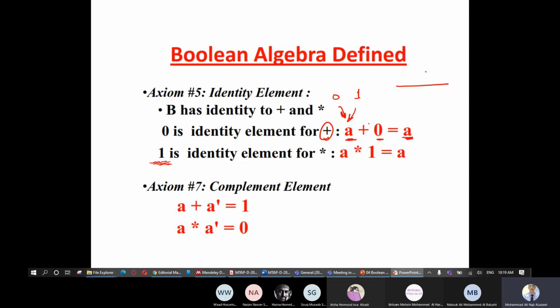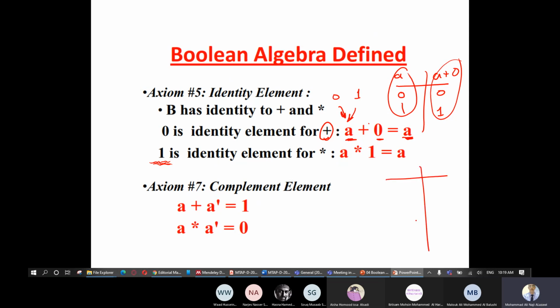I can prove it like this. A will take 0 or 1. Here A plus 0. So 0 OR 0 equals 0. 1 OR 0 equals 1. So the output is equal to the input: 0, 1, 0, 1.